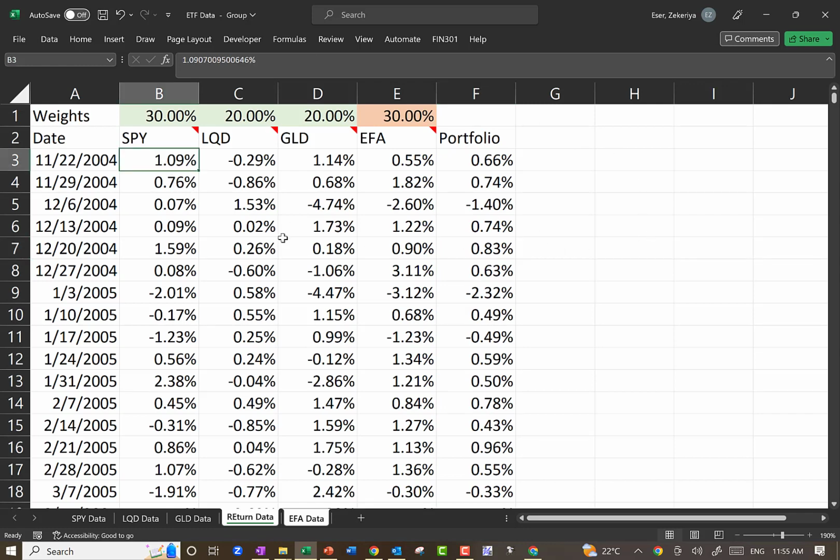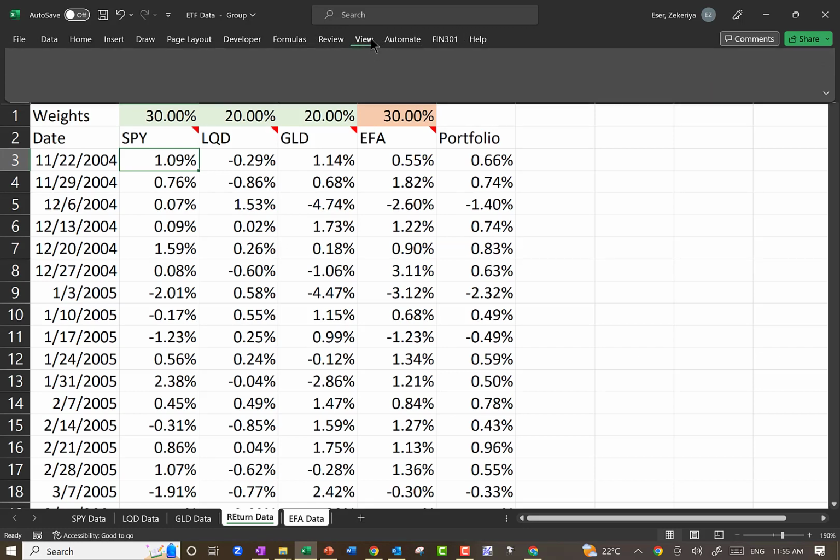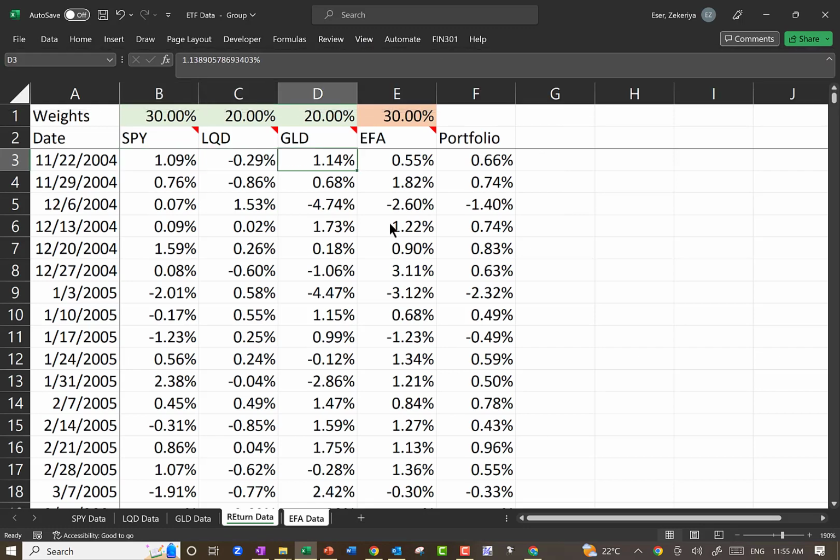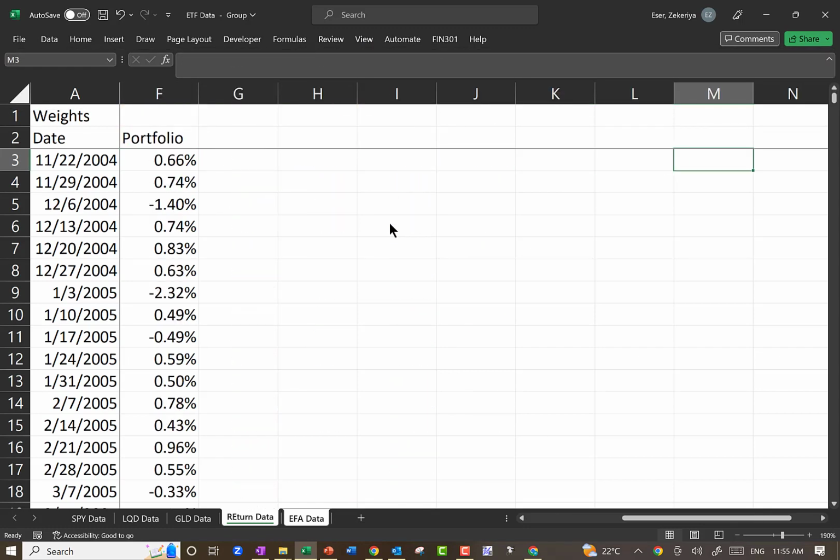Now, let's do this. I'm going to freeze the panes here so that as I move, I have the dates over there, and I also have the first 2 rows fixed. I want to calculate some stuff.